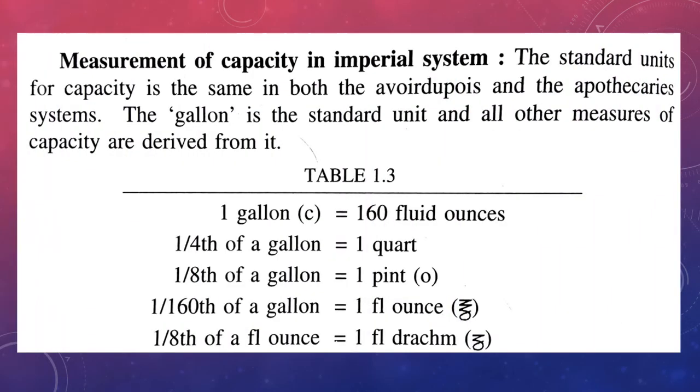Measurement of capacity in imperial system. The standard units for capacity are the same in both avoirdupois and apothecary systems. The gallon is the standard unit and all other measures of capacity are derived from it. 1 gallon is equal to 160 fluid ounces. 1/4 gallon is equal to 1 quart. 1/8 gallon is equal to 1 pint.